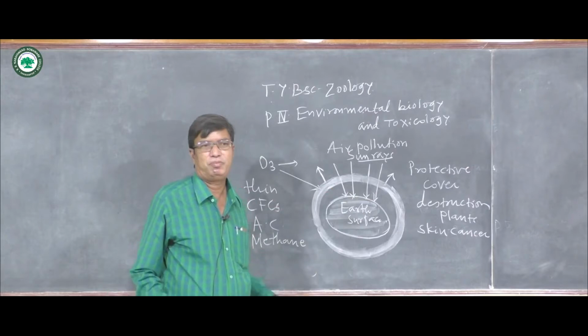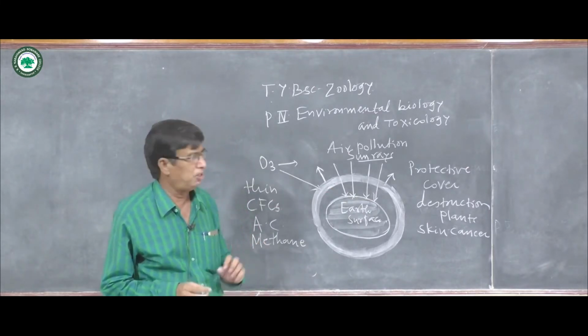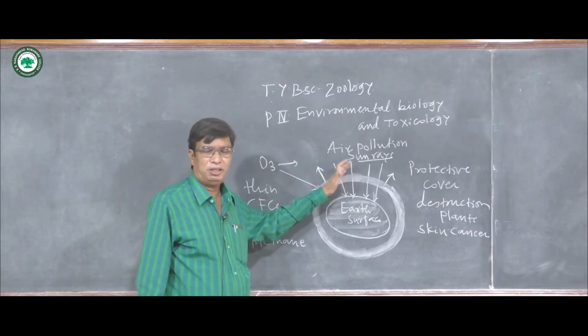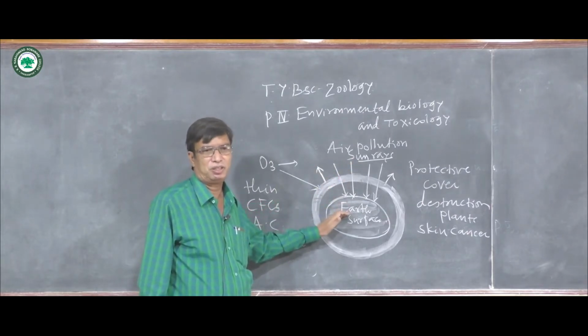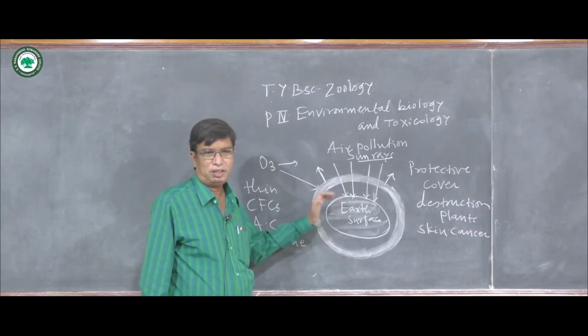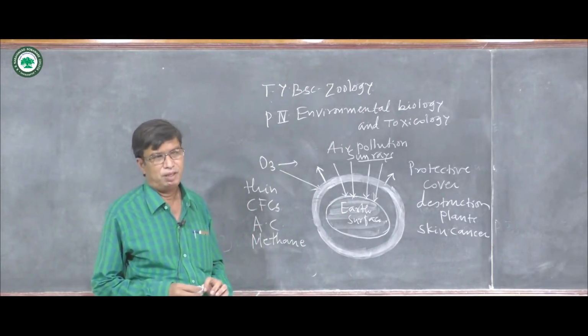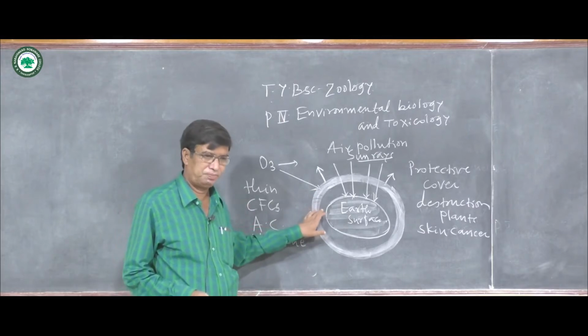This layer becomes thin, and when this layer becomes thin, a large amount of radiant energy falls on the ground, and that increases the temperature of Earth's surface.